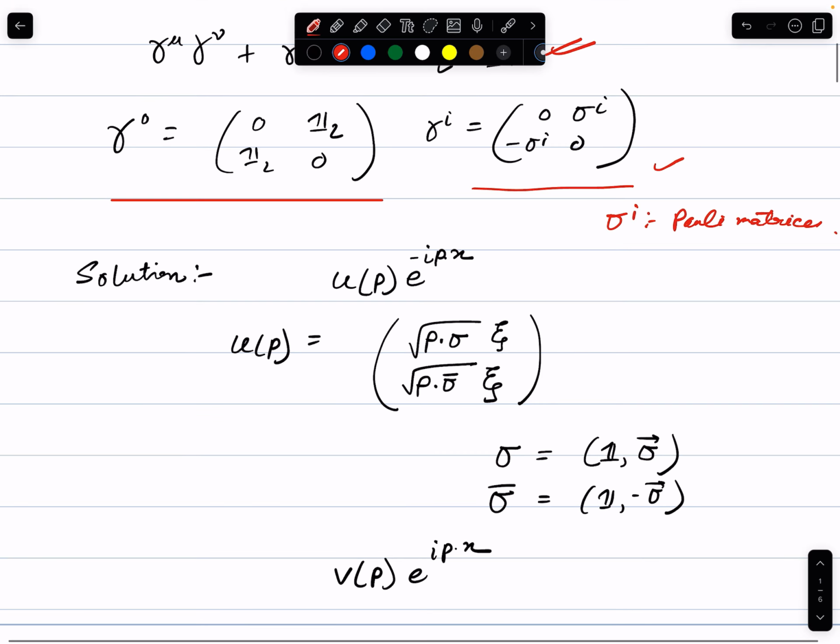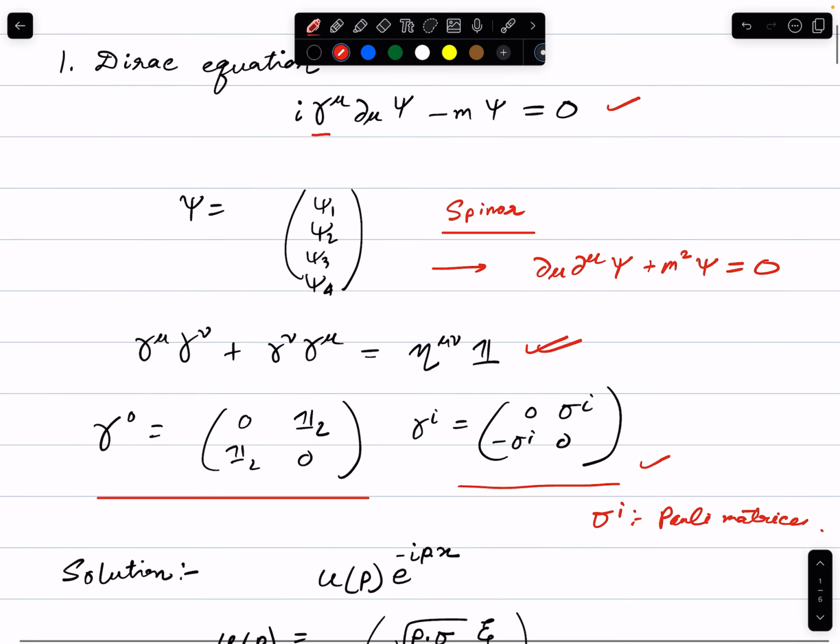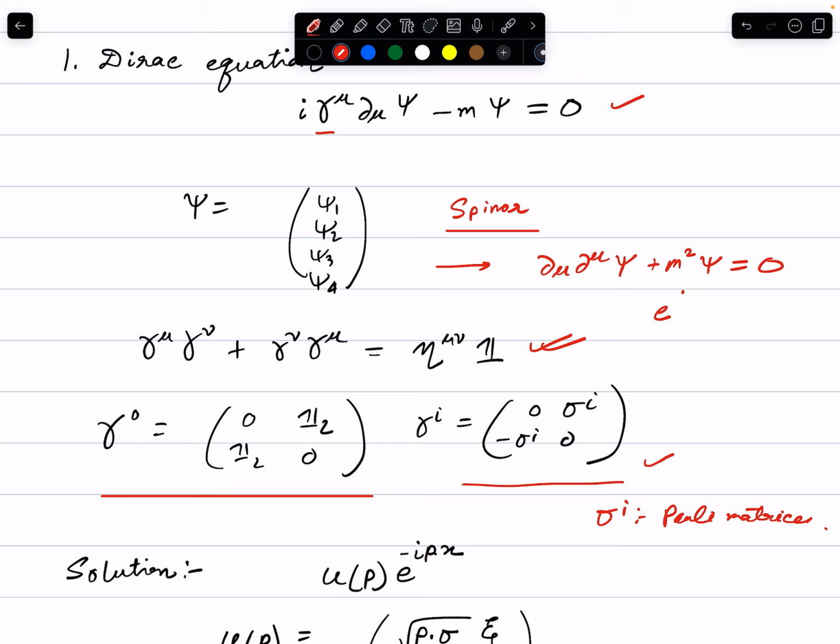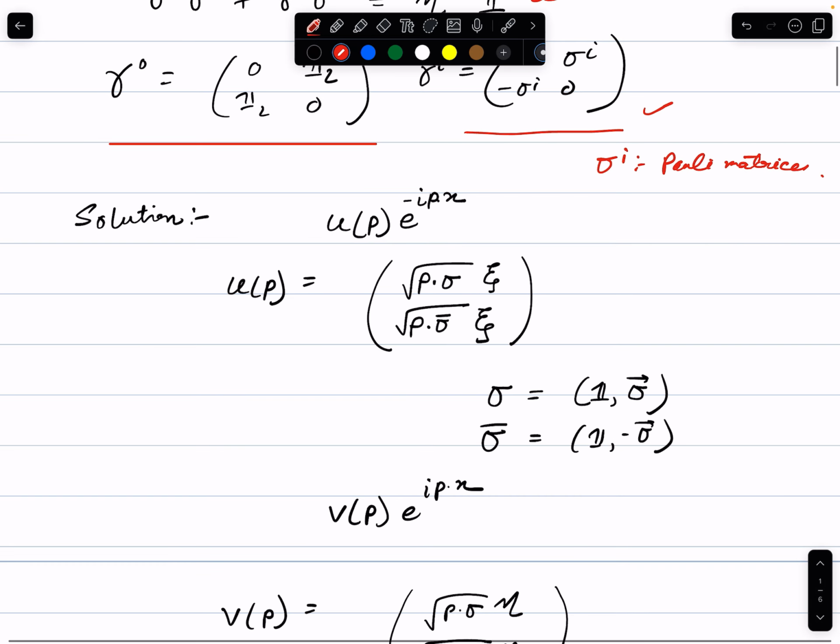So this equation has solutions like e to the power i plus minus p dot x. The ansatz we considered was u of p e to the power i p dot x, where u of p is a spinor. It has 4 indices.